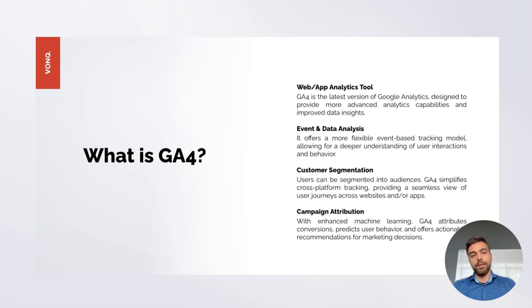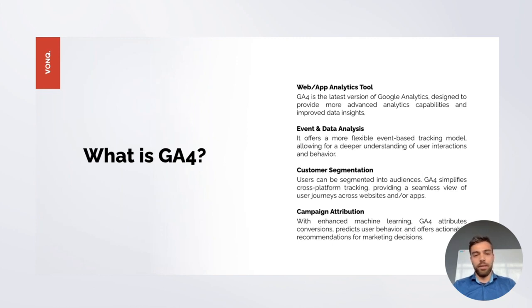First off, let's talk about what GA4 actually is. Well, hopefully most of you know. It's a web/app analytics tool, and GA4 is the newest version of that tool. What's different in it is they've come out with some machine learning capabilities, a new event model.